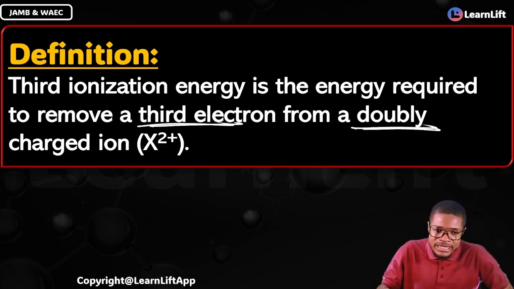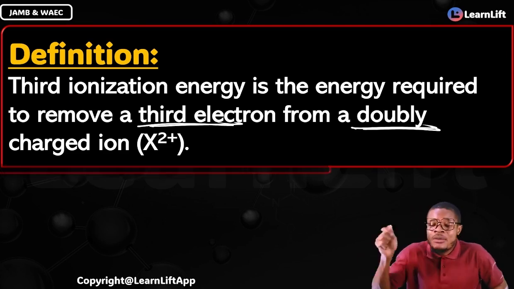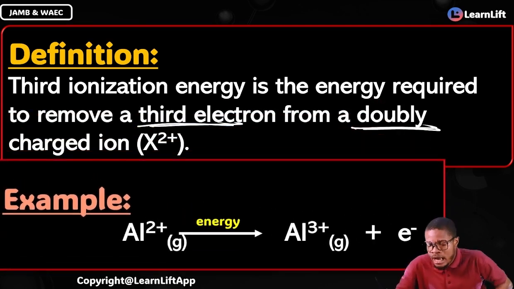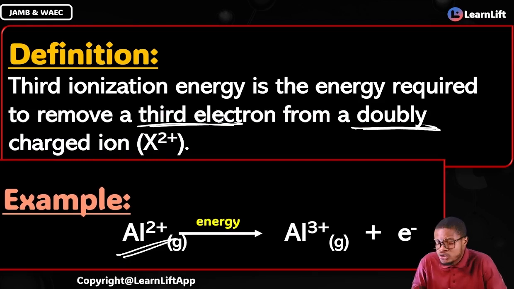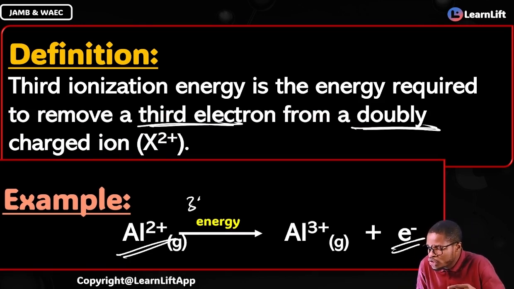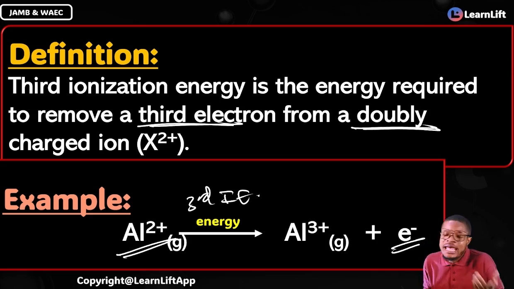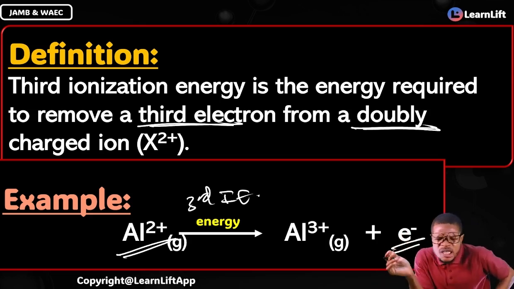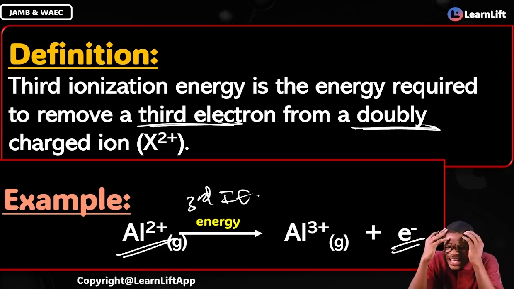So, for example, we have our Al2+. It has already lost how many electrons? 2. What is the energy required for you to lose another electron, making it the third? That energy is called your third ionization energy. Very simple. Now, listen and understand this.